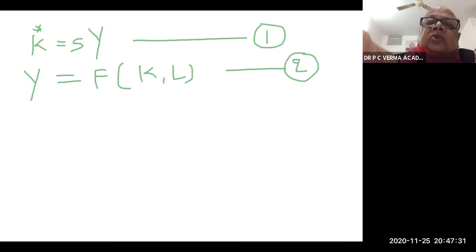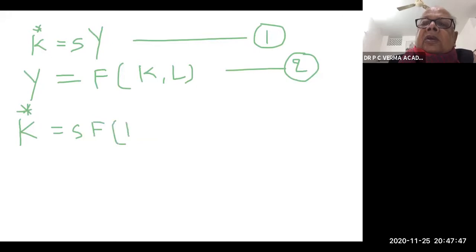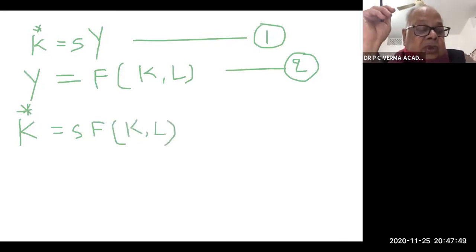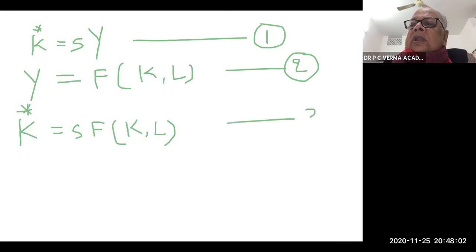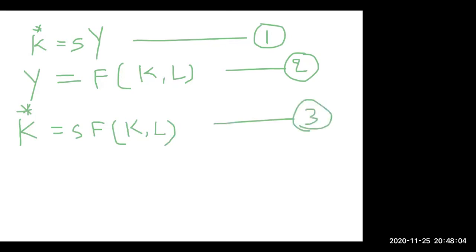So what we will do: K star is equal to S, and substitute the Y value, function of K, L, in K star. Then the Solow equation will be number 3. Okay.